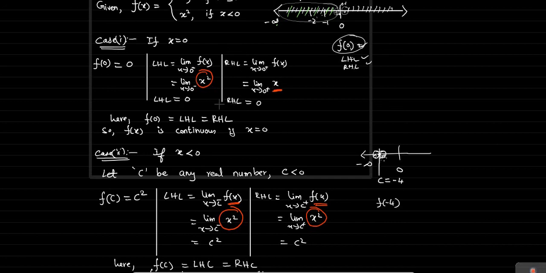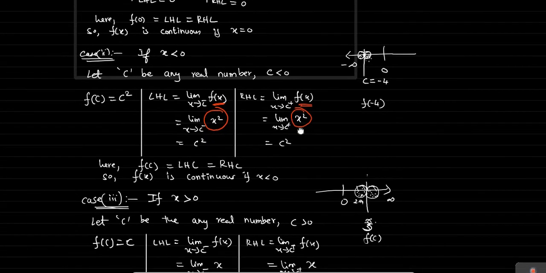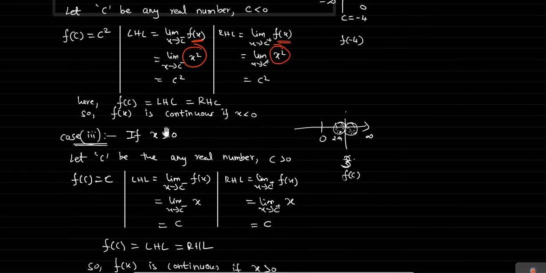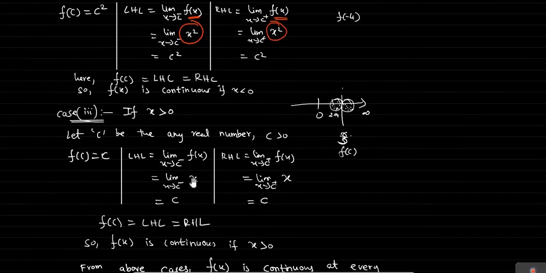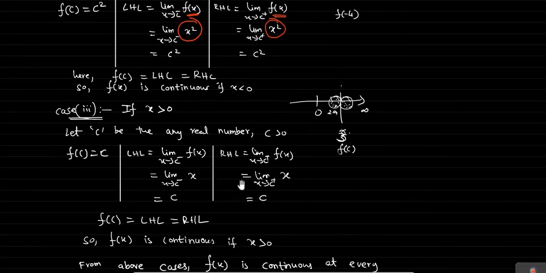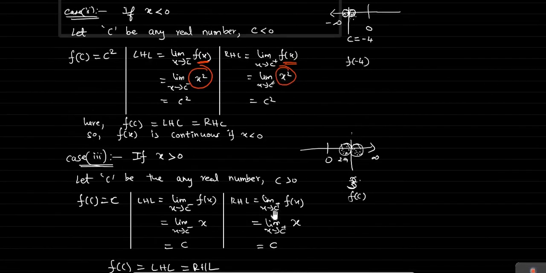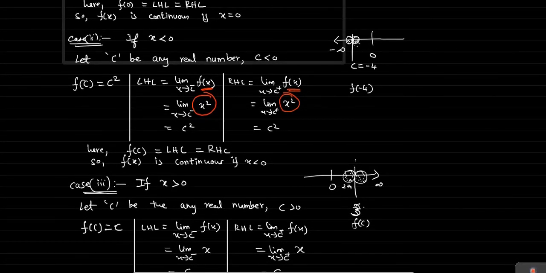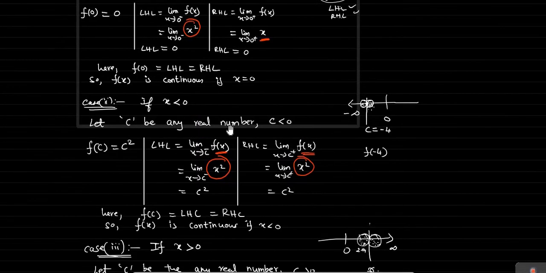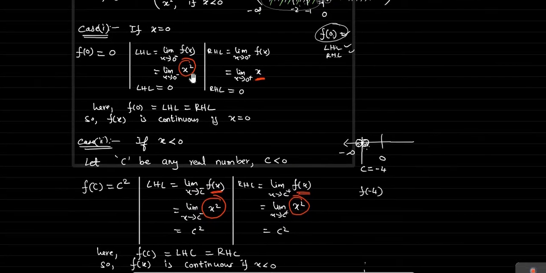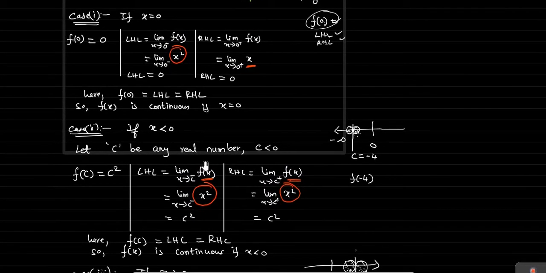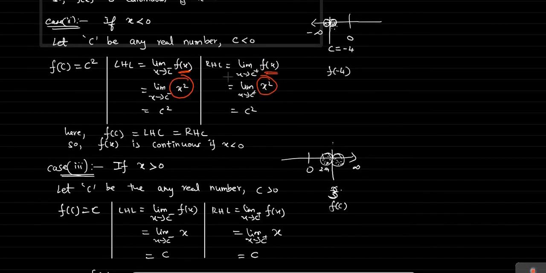So when the functions are different, it's a must that we work out left hand limit and right hand limit separately. But when the function is the same, as in case 2 and case 3, where we applied the same function, left hand limit and right hand limit is not compulsory. Only if they are different functions is it compulsory. So instead of finding left hand limit and right hand limit separately, we can find them together.